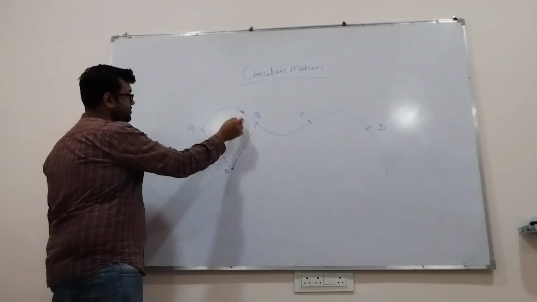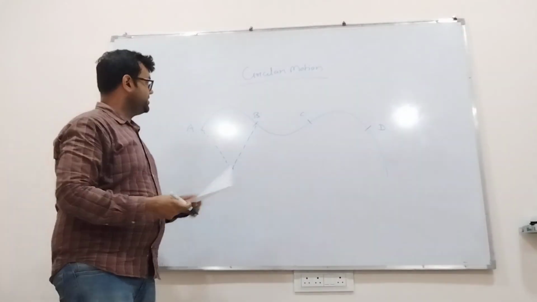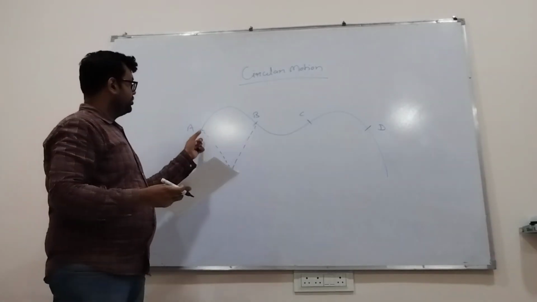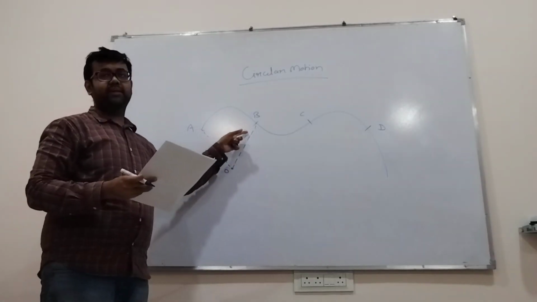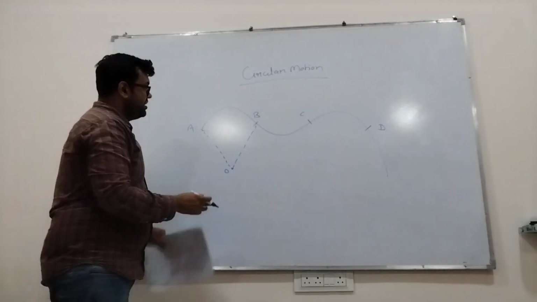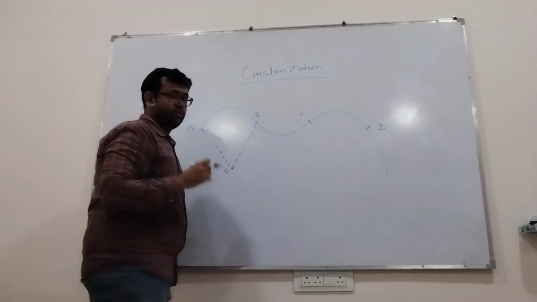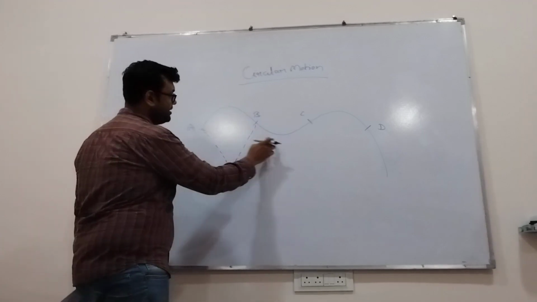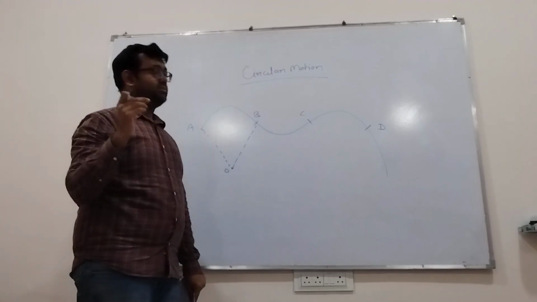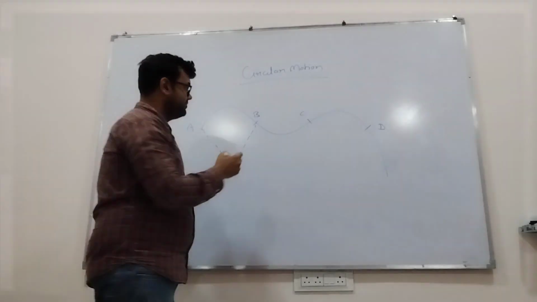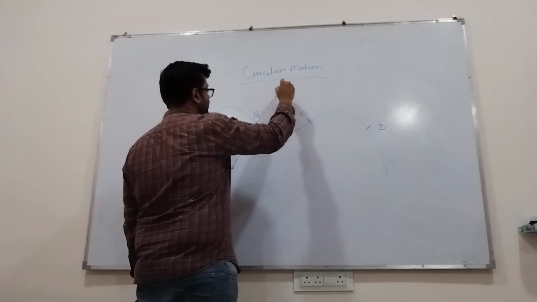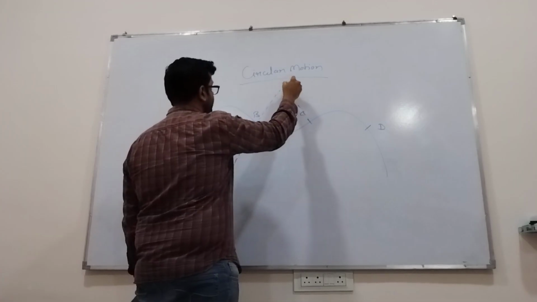So from A to B, the particle is doing a circular motion. Then again, when it is moving from B to C, it is also doing a circular motion, but BC is part of another circle.